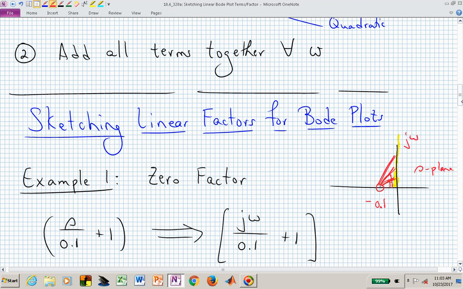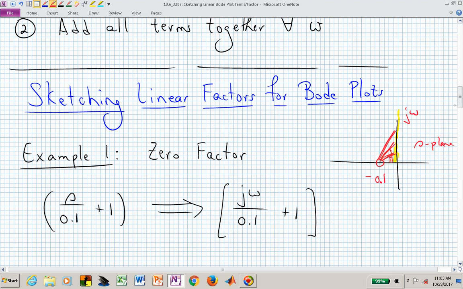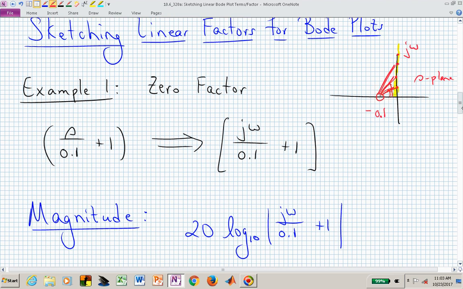That's really all we're doing when we draw these sketches, and we want to be able to do that quickly rather than look at an infinite number of points along this imaginary axis. Can we simply look at a few points and connect some lines and be done with our straight line approximation sketch? That's what we're trying to accomplish.